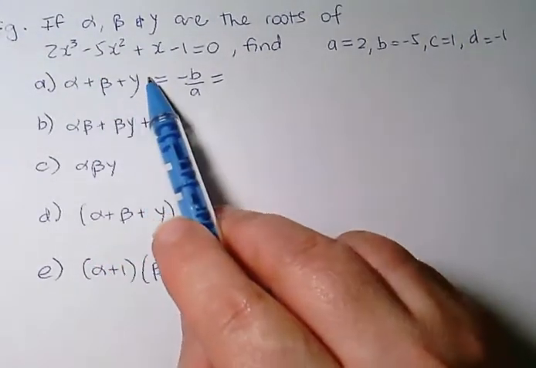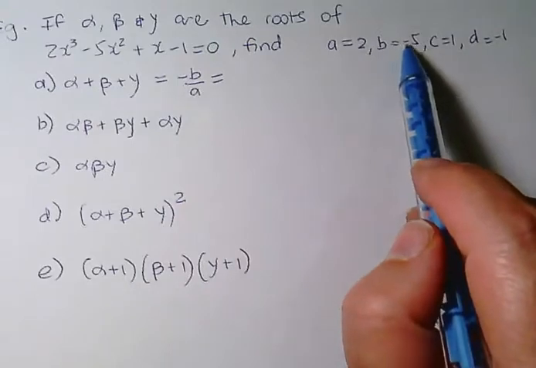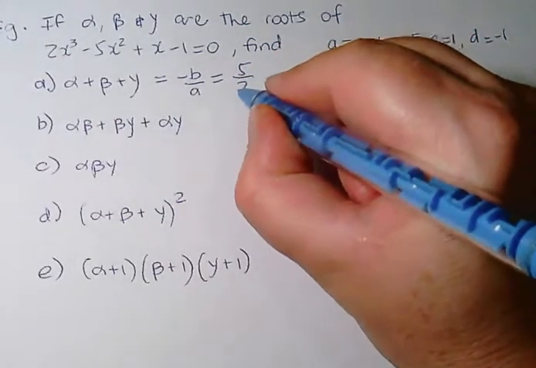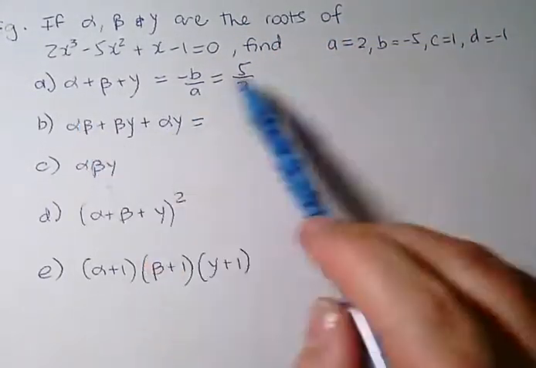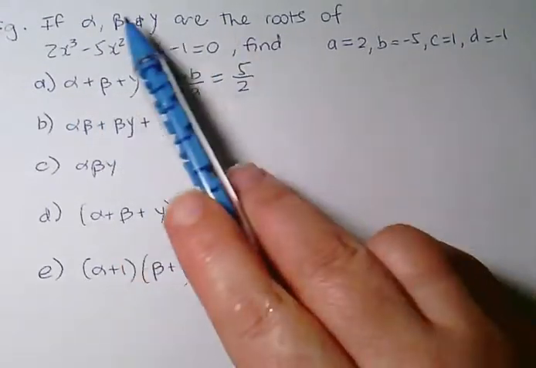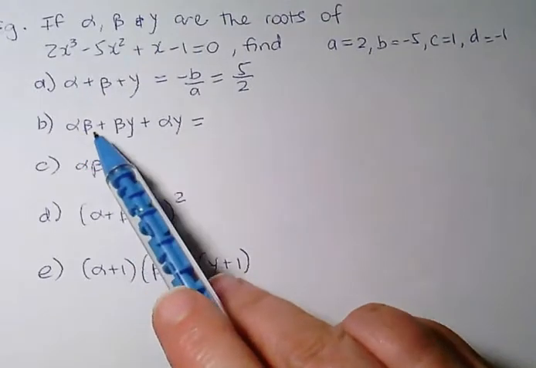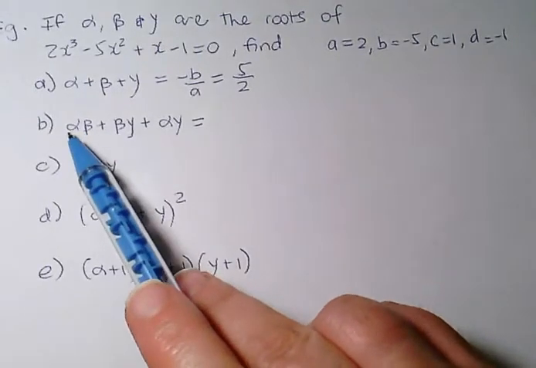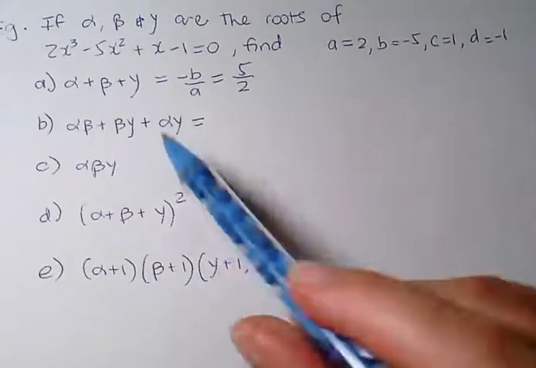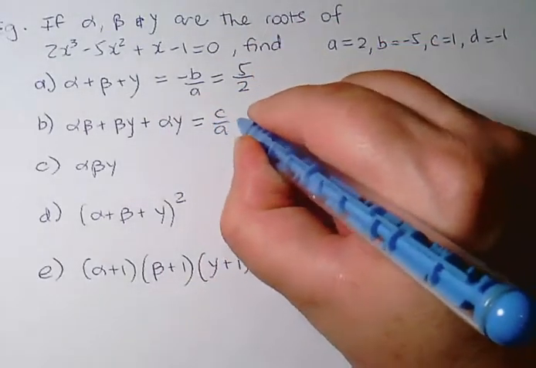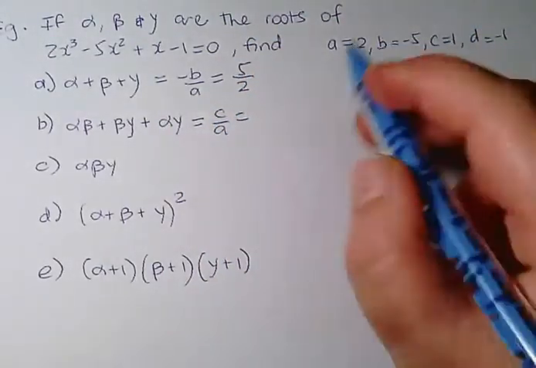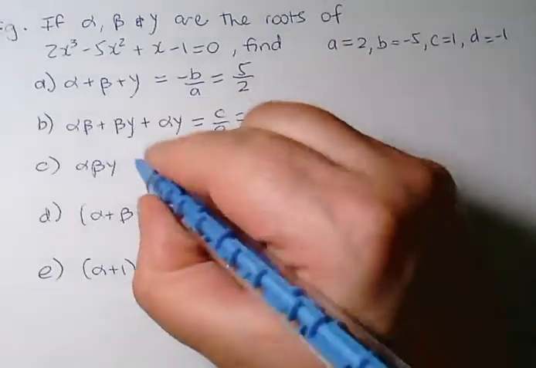So this is sum of roots 1 at a time, which is negative b on a, so it's negative negative 5, which is positive 5 over 2. Now, remember we've got 3 roots, alpha, beta and gamma. So this is all the 3 combinations. This is sum of roots 2 at a time. So alpha, beta plus beta, gamma plus alpha, gamma is C on A. Now looking over here, C is 1 and A is 2. So that's a half.